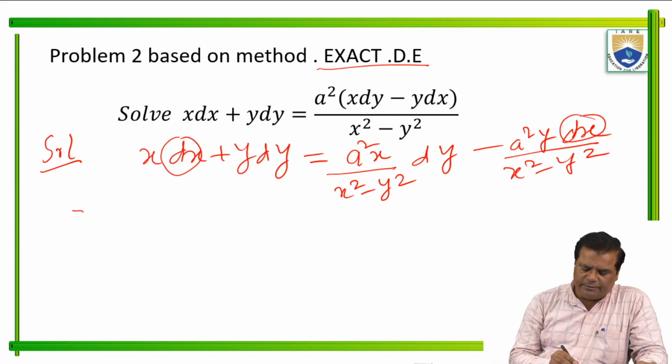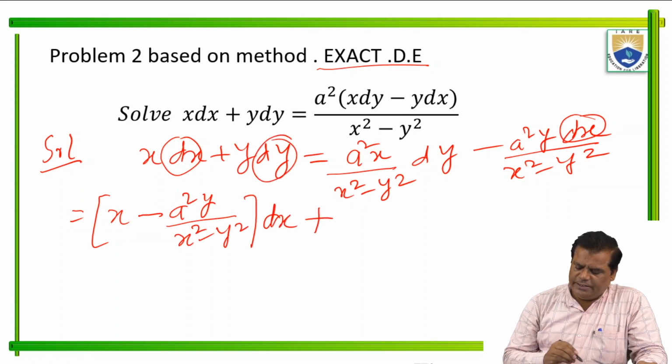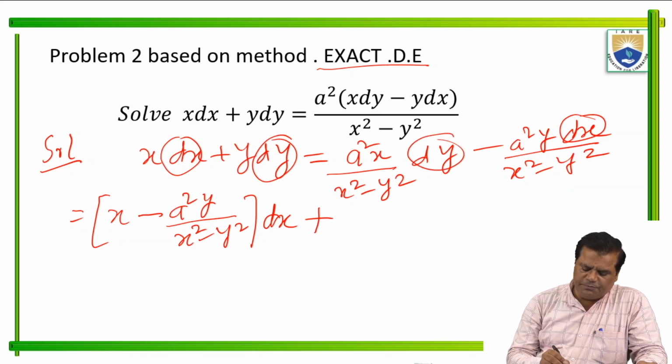Taking dx common, in bracket x minus a square y upon x square minus y square and dx, plus here dy and here dy. Taking this side, this is plus, taking this side, this is minus.